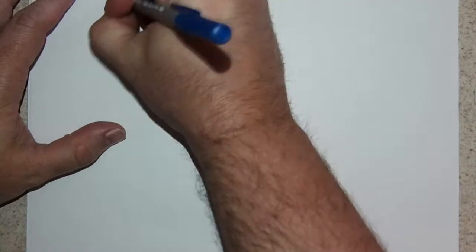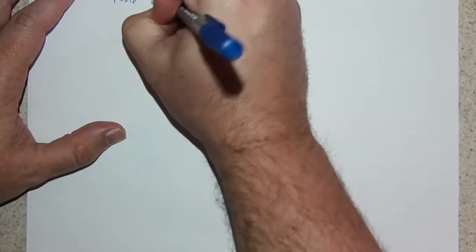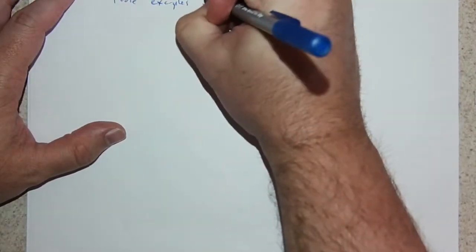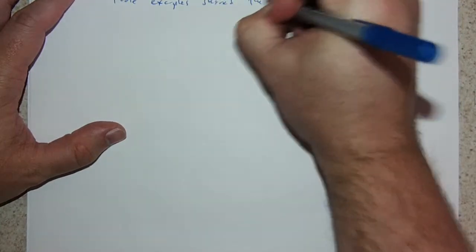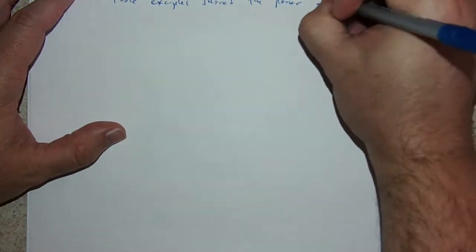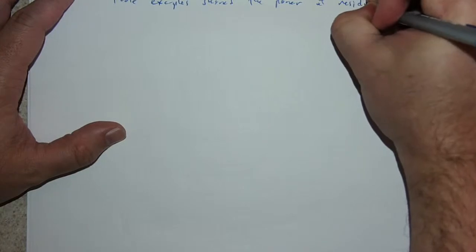Now, that shows the power of using residues to compute these contour integrals. So those examples showed the power of residues.